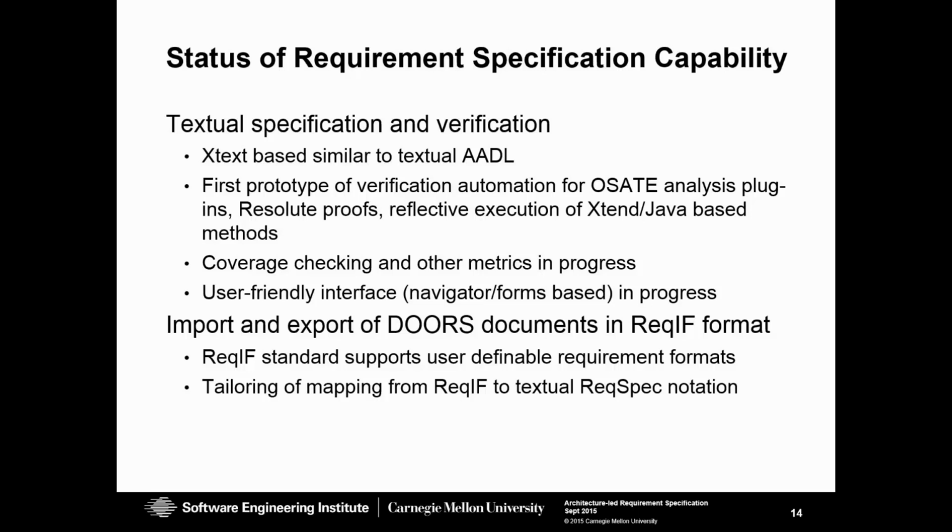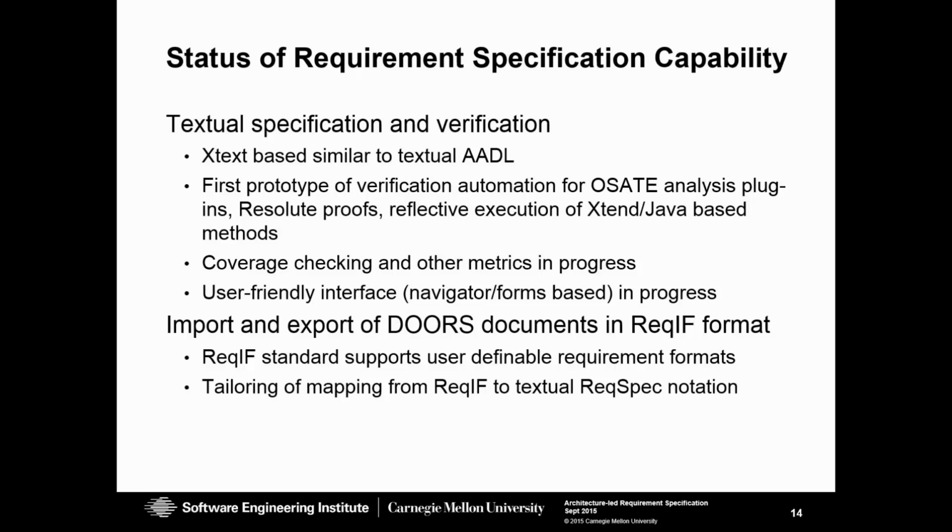On the verification side, we have automated running OSATI analysis plugins, resolute proofs, and the ability for users to write their own verification methods that extend in Java that can be called reflectively. We are also in the middle of adding coverage checking and other metrics, as well as improvements in the user interface to make it more user-friendly through navigation and forms-based capability.